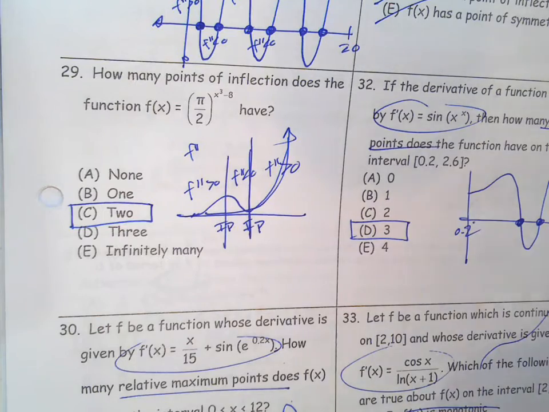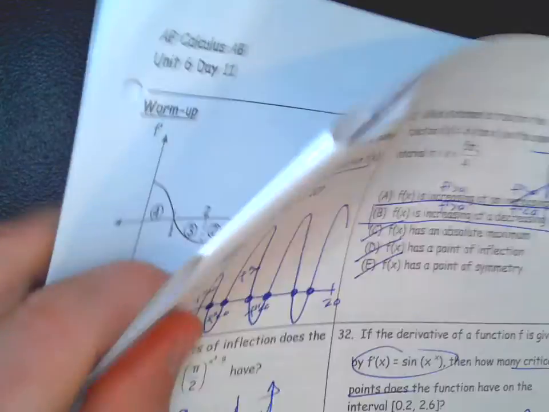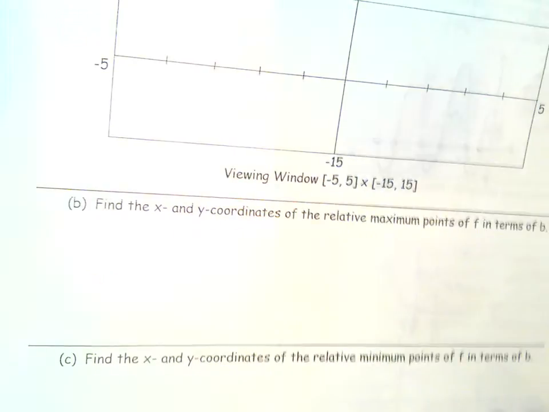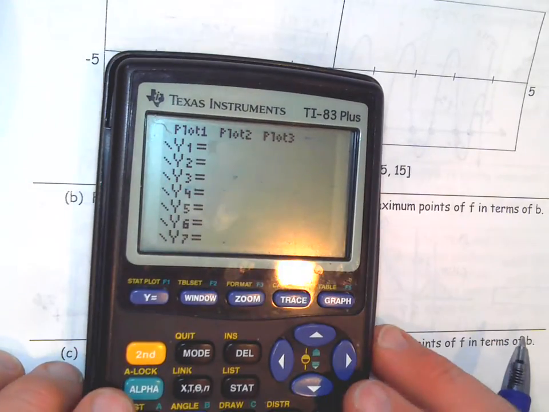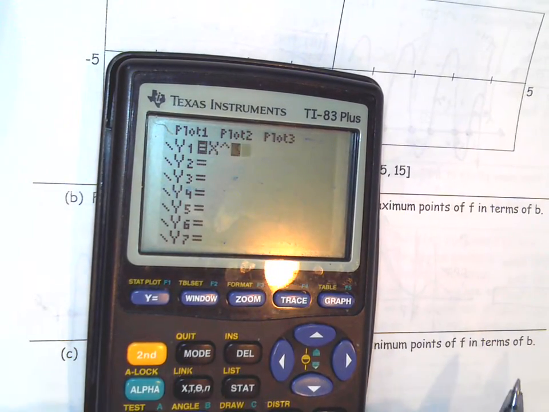Last problems. So this problem deals with functions defined as this. So it's like a cubic. In the viewing window provided below, graph the members of the family. So they're telling you, graph x to the third minus 3x, plugging in b equals 1.